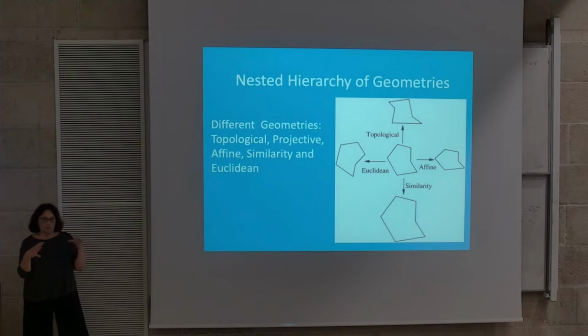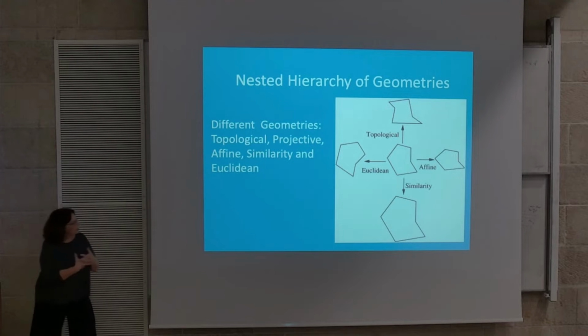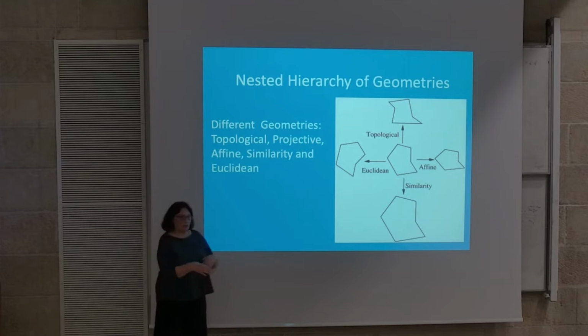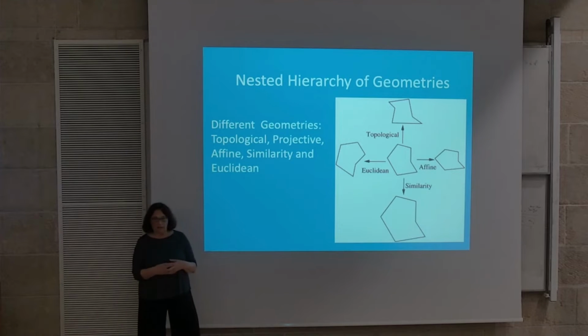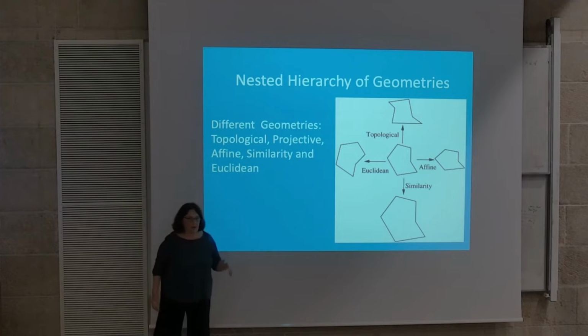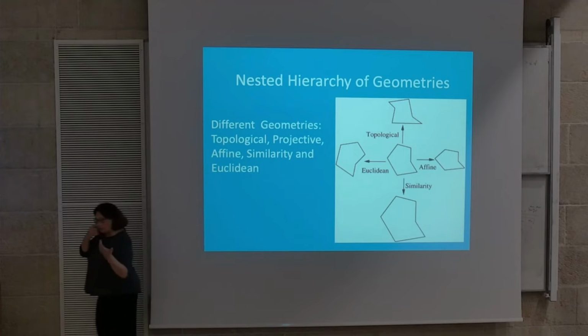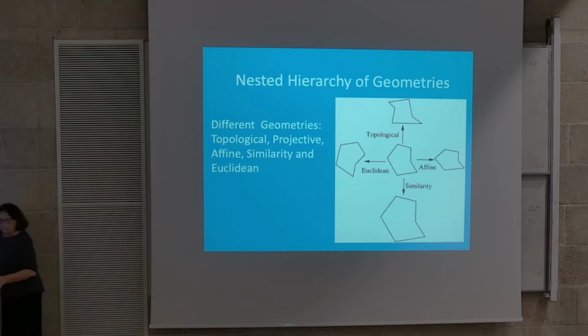But this is the most restricted kind of geometry. What happens if we want to loosen up, for example, the conservation of angles? Then you go to affine geometry, and above this is projective geometry, and above this is topology. So you have this group of motions that you can represent with matrices.